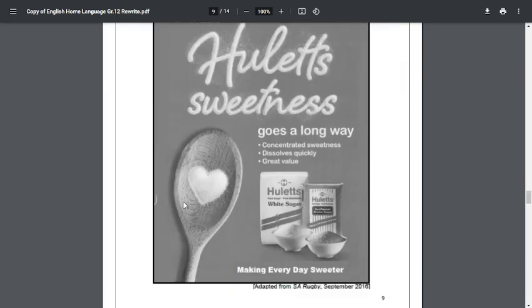So here you can look at this visual and say, what is the purpose of it? Well, I think the purpose of this visual, because I'm thinking like an advertiser, is I want people who look at this ad to think of my sugar as being friendly, or they want to associate it with love. So we put a heart there. Or we want it to seem like it's good for you, or it's just the nicest sugar.